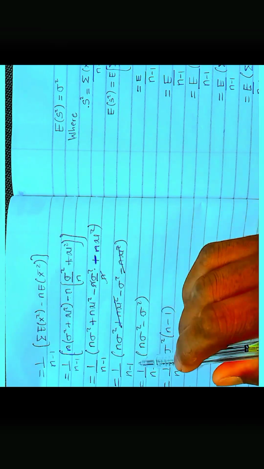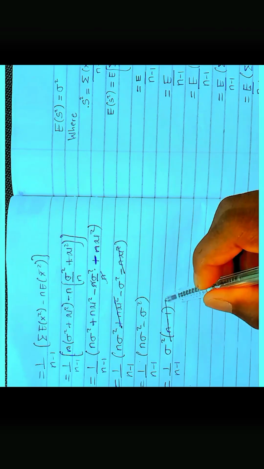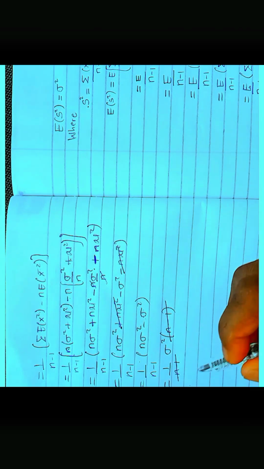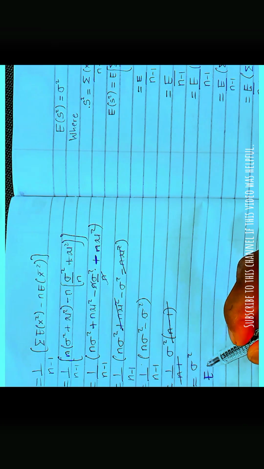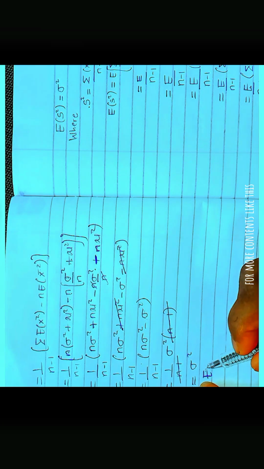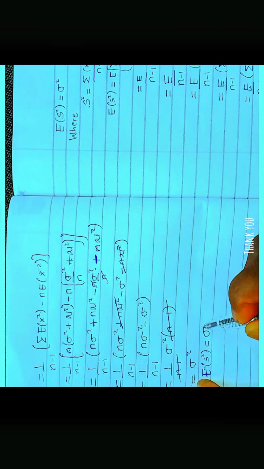You factorize sigma squared out, you have n minus 1 left in the bracket. So now it is clear that this will cancel out this. You are left with sigma squared. Therefore, we have successfully proven that the expected value of the sample variance is equal to the population variance.